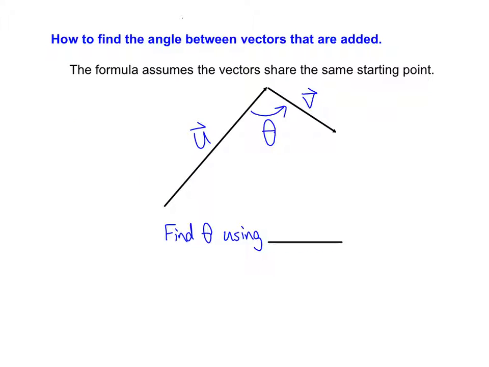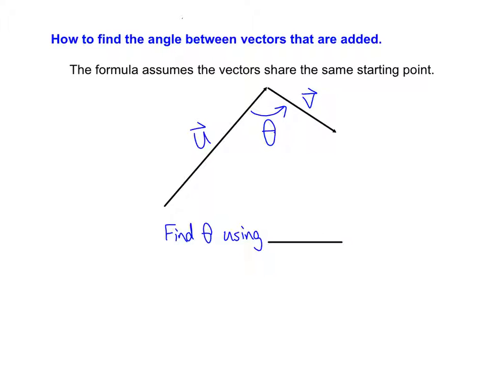One more thing here. If I have vectors that are added, this is one thing you have to be a little bit careful with. The formula assumes the vectors have the same starting point. So if I were to find theta and just did the formula as I had, I wouldn't actually be finding this angle here.